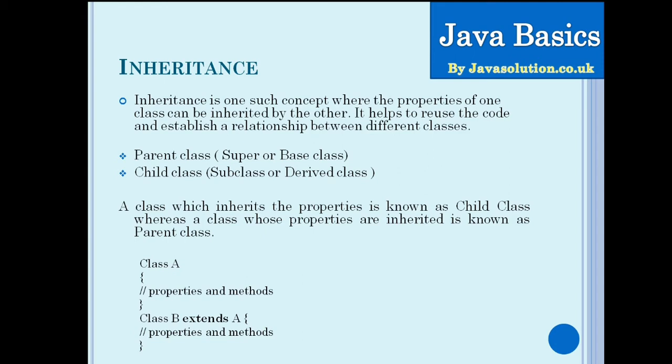So let's take an example. There is a class A here, which has some properties and some methods, right? And there is another class B which needs those properties and methods, and they belong to the same family, so it wants to extend that class. For example, you have an animal class. Animals have very similar features. So when we need to define a tiger class, we can say my tiger class will be a child class and the animal class will be a parent class.